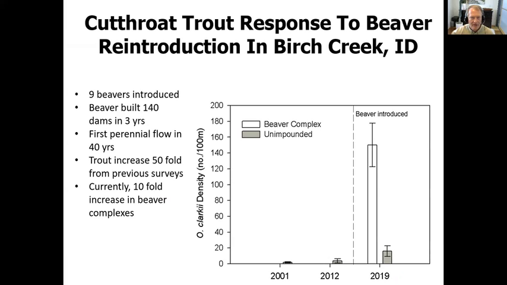Prior to that, it would dry up in the late summer, fall. So trout have increased 50-fold from previous surveys, and beaver complexes have increased 10-fold. So pretty remarkable transformation of this riverscape, and at the same time, the effects on trout populations.